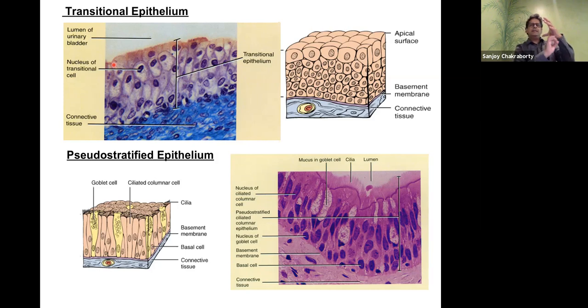If I take cells from an empty bladder, they look columnar or cuboidal. But when the bladder is distended, the cells are stretched and appear more squamous. So scientists gave them a name, transitional epithelia, found in those kinds of organs.